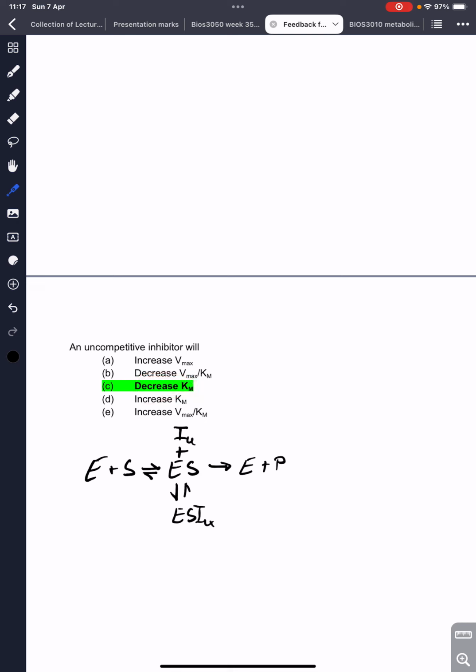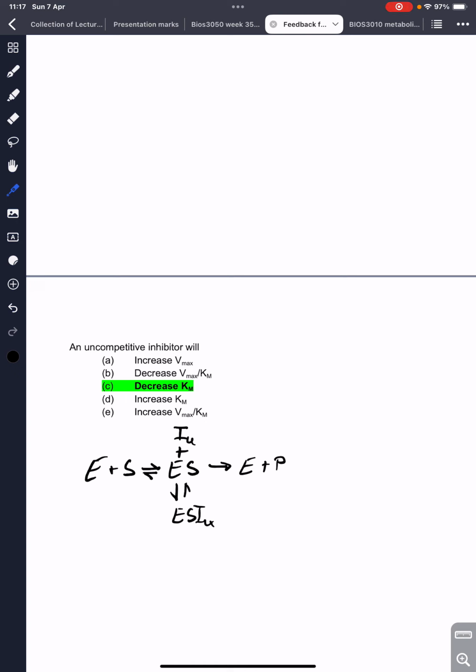It apparently looks like the enzyme has a higher affinity. Decreased Km means a higher affinity for the substrate. And in a way, this makes sense, because if we remove this enzyme substrate, then we will shift the equilibrium to that side, and it looks like the enzyme likes to bind more substrate, which of course is true, but this here is a dead end, and therefore we will not produce a lot of product.